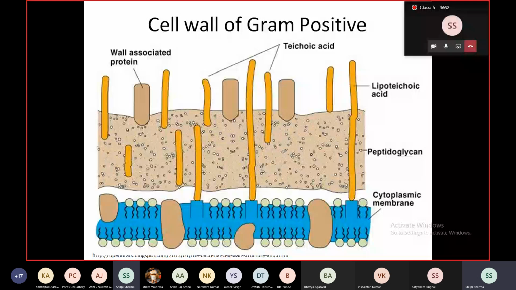Here you will find exoenzymes secreted by the gram-positive bacteria. Perpendicular to the PG sheets are polymers of teichoic acid, which are unique to the gram-positive cell wall. The teichoic acid polymers which are anchored to the plasma membrane, for example here, are termed lipoteichoic acid because they are attached to the lipid components.